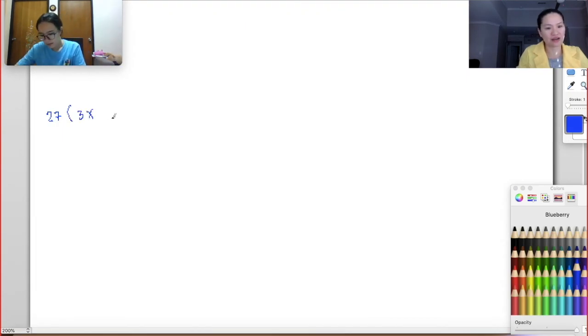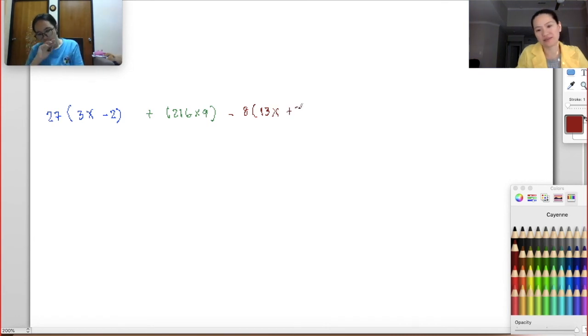3x minus 2 plus 216 multiplied with 9, right? And then minus 8 multiplied with 13x plus 3 is less than.